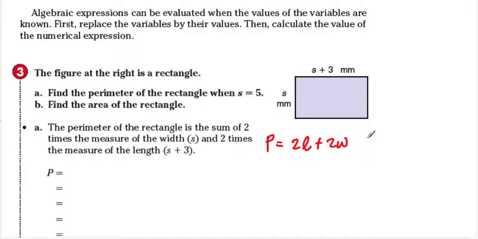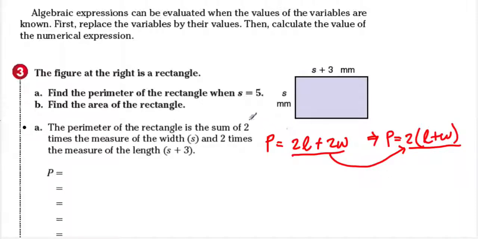We also created another formula for perimeter, if you recall, and that is perimeter equals 2 times the quantity L plus W. I only used the distributive property from here to there, but we will review the distributive property later on as well.